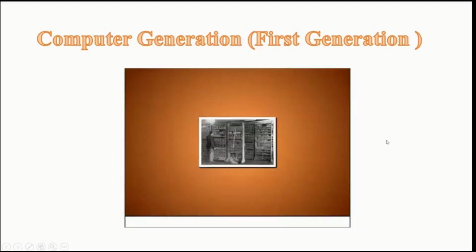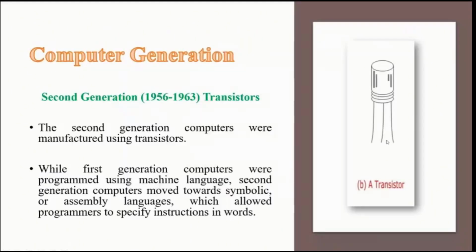I wanted to show you so that you have an imagination about computers and the generations of computers. As you see, the first generation computers were as big as possible. Then with the improvement of technology, the transistor was substituted for vacuum tubes.